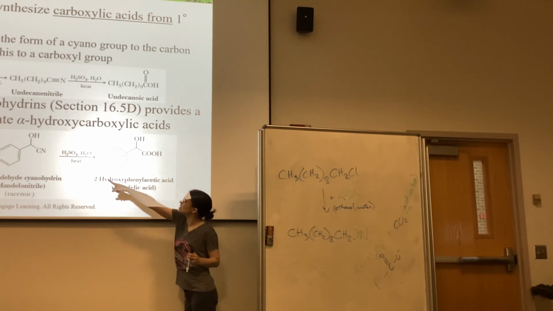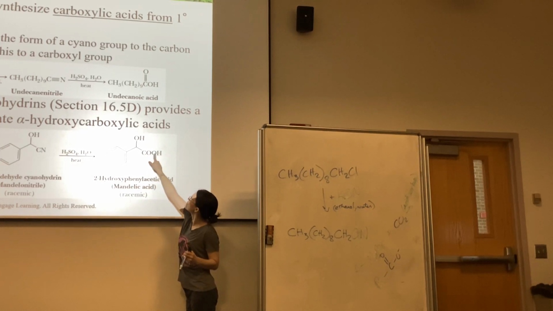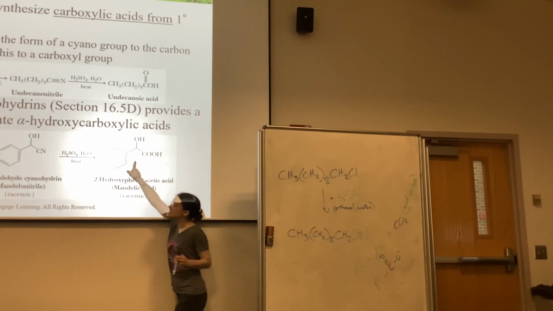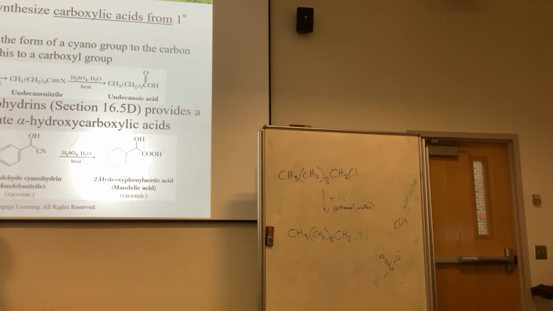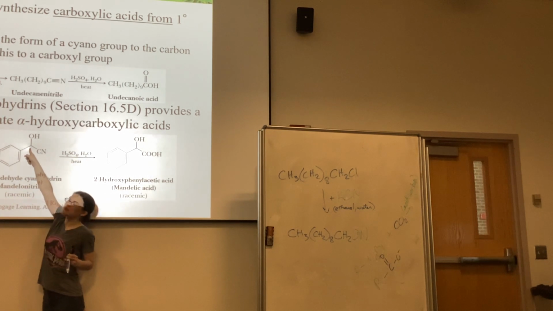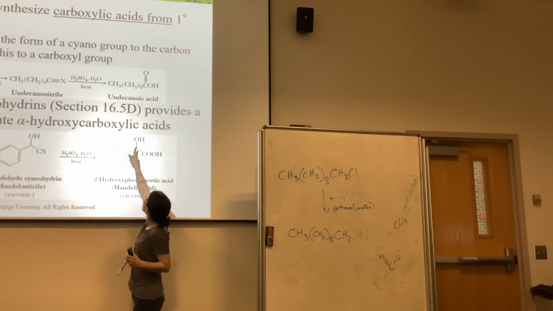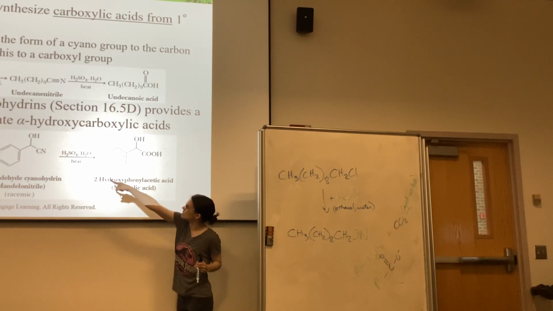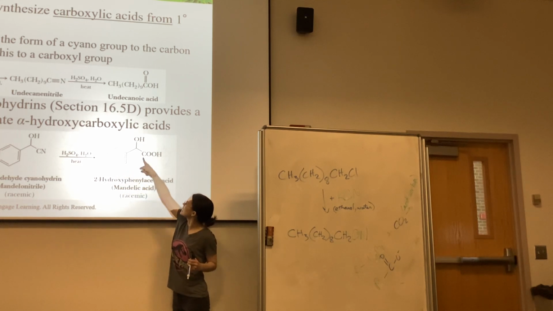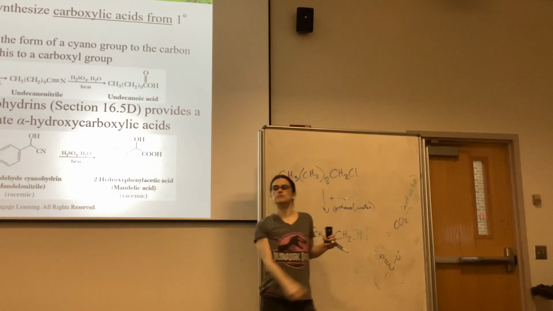The same carbon turns from C triple bond N into a carboxylic acid. But that's not the carbon that started as a carbonyl carbon, right? Because back here, this guy's the carbonyl carbon. And when we added CN minus, he just became a little intersection of lines. He's not a carbonyl carbon anymore, and he stays not a carbonyl carbon. We added CN minus, C triple bonded to N, and that's the one that became the new carbonyl carbon.